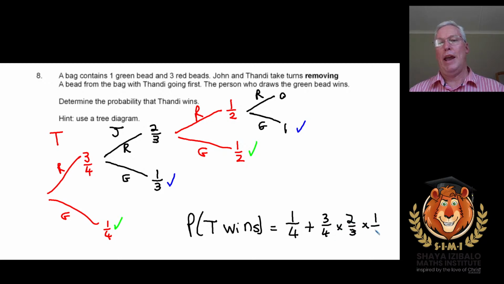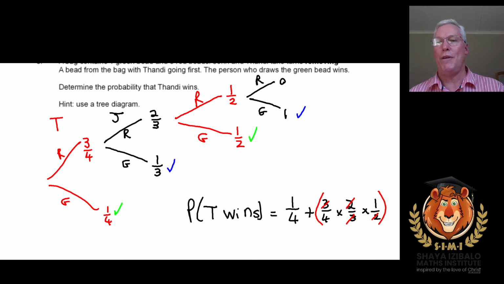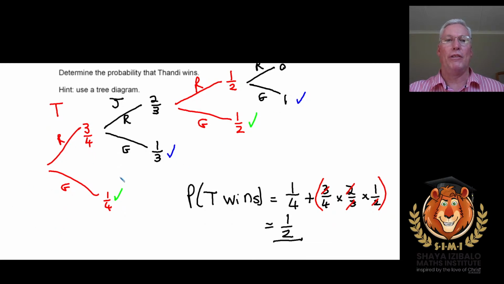And lo and behold, I can divide there, I can divide there, and I actually get a quarter in the bracket. So I get a quarter plus a quarter. It works out that Tandy has a 50% chance of winning. If you wanted to check, you could check the branches that John is down, which is obviously also 50%. So it doesn't matter who starts the game, which is interesting.